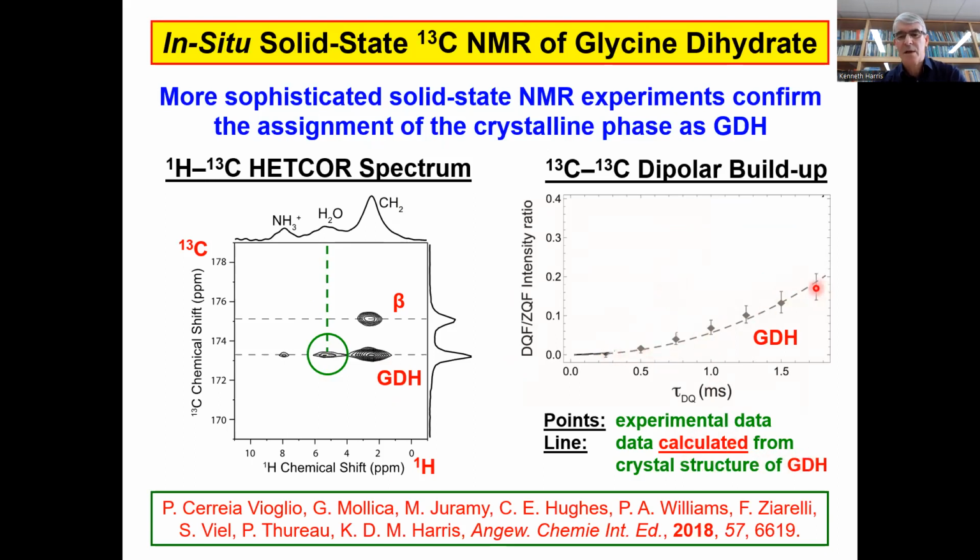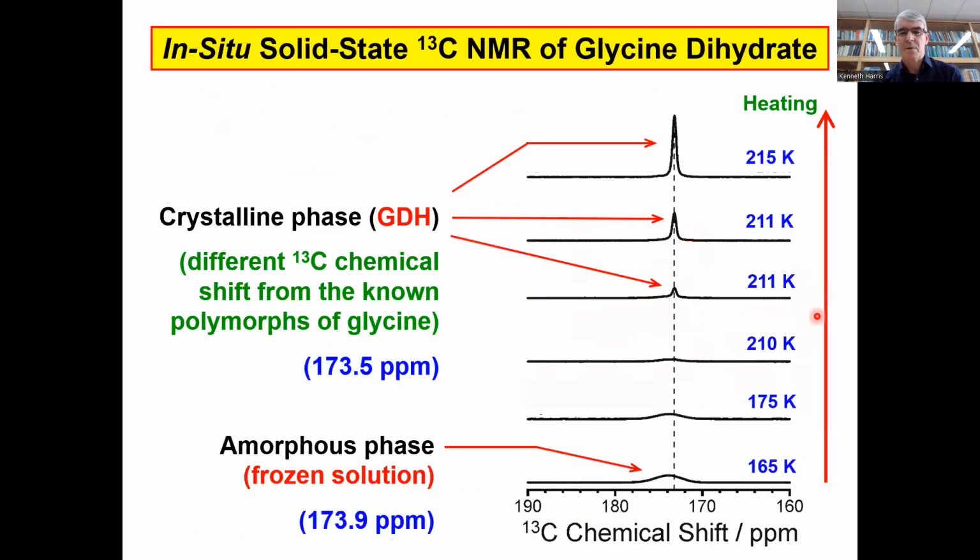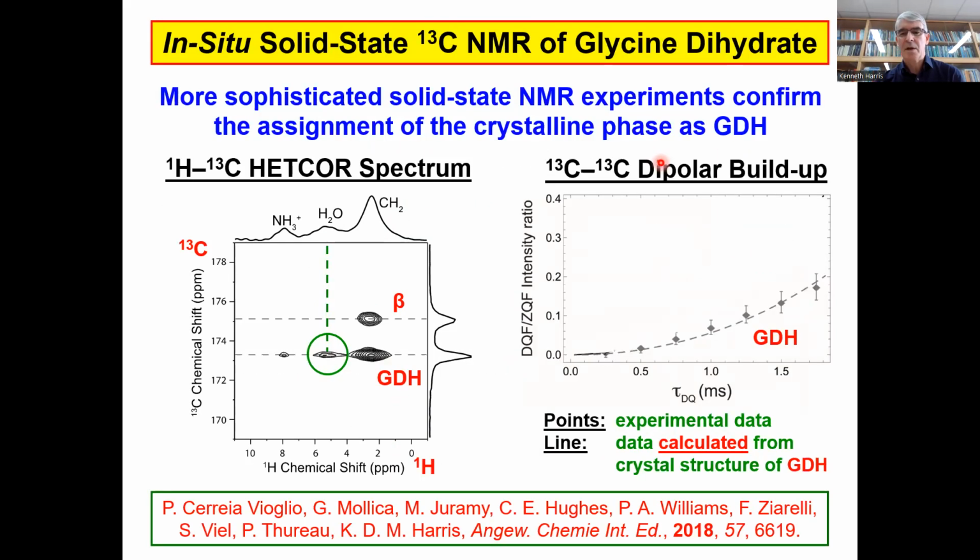So this very, very good match between experimental and calculated data gives strong verification that the material that we've obtained in our in-situ NMR experiment is actually glycine dihydrate corresponding to the published crystal structure. So that really brings me to the end of my talk.